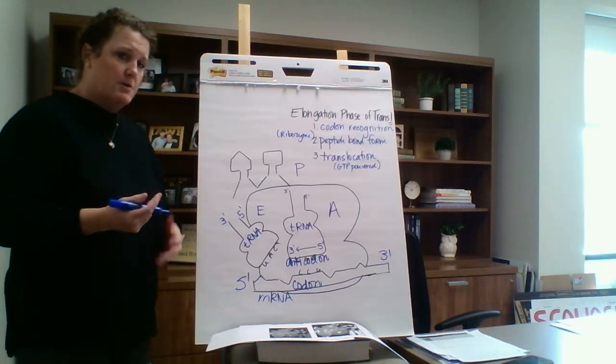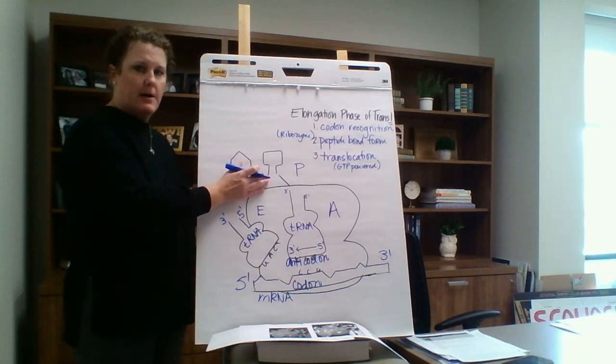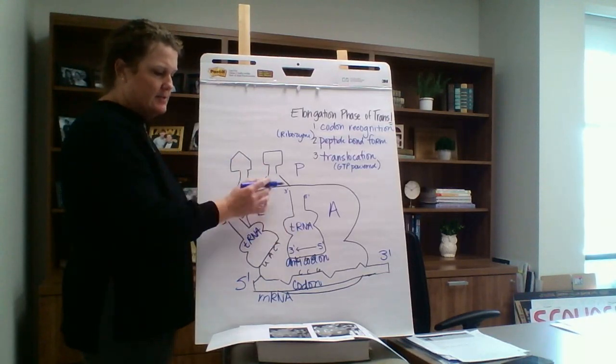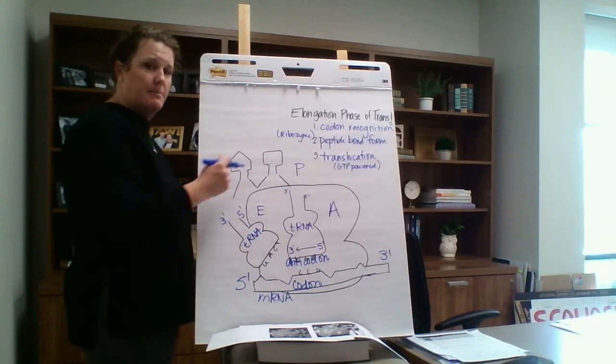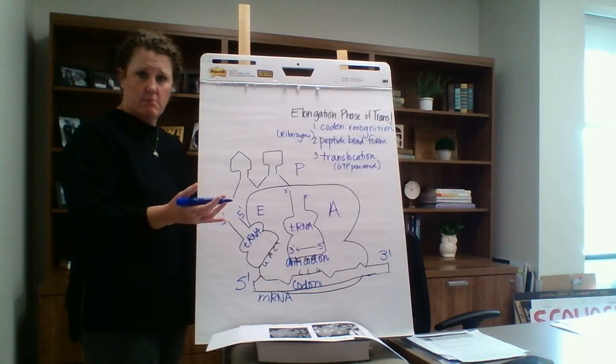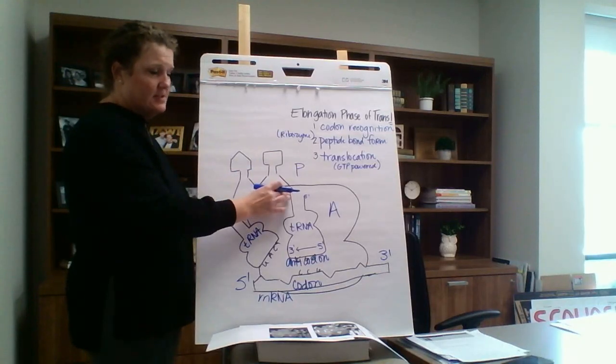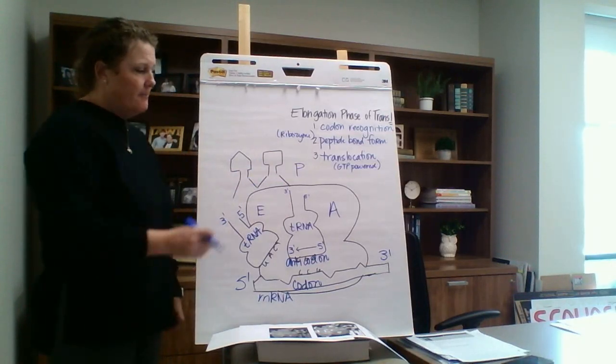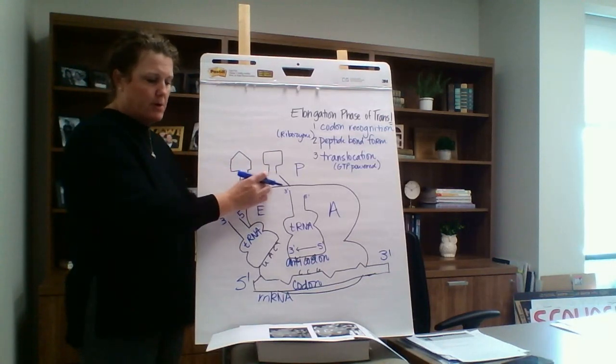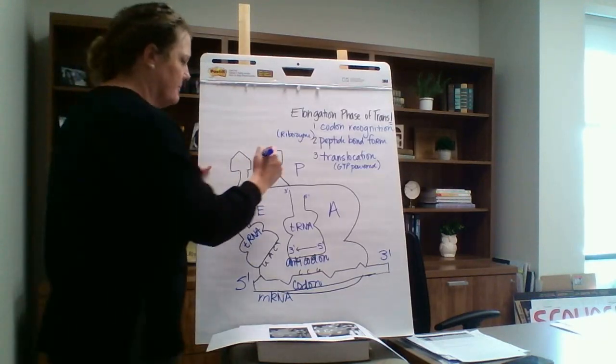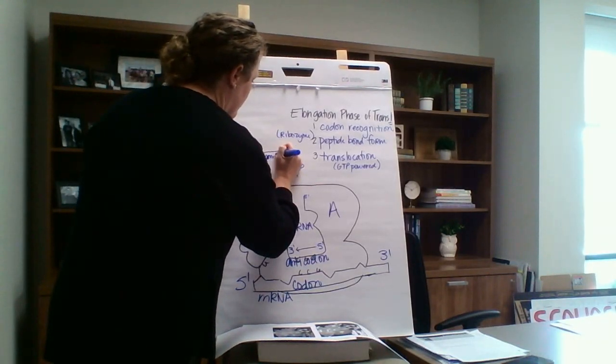All right, so I think the only ones we have left are right up here, okay? So remember that the tRNAs, their job is to deliver the amino acids to the ribosome, okay? Those amino acids attach to that 3' end. And so these little shapes right here, both of these are amino acids.